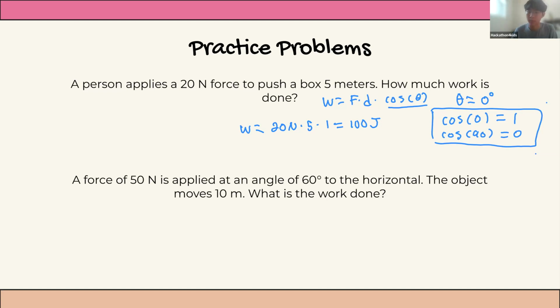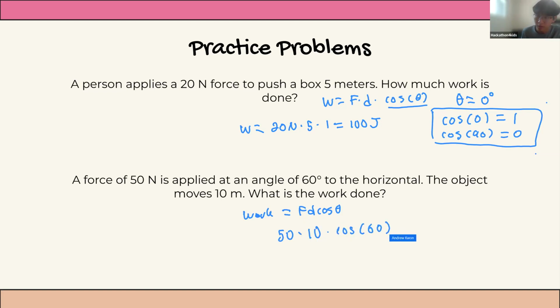Okay, I'm seeing some answers. Yeah, great, I'm seeing a lot of correct answers. So work again, F d cosine theta, right? Force is 50 newtons, it moves 10 meters, cosine 60.